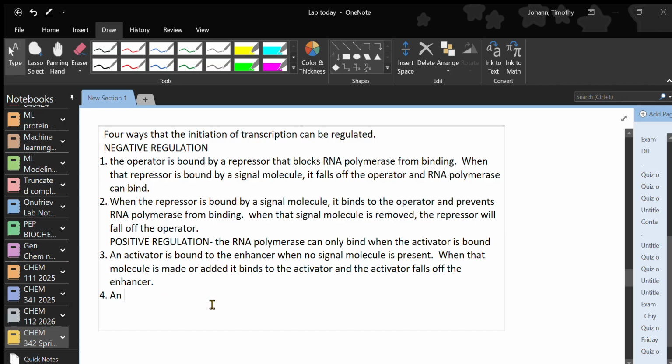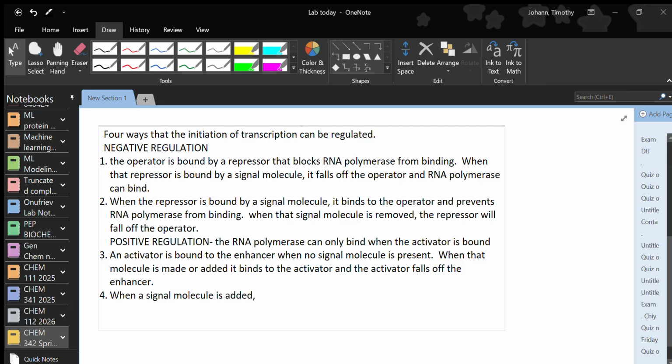Okay, so when a signal molecule is added, the activator changes shape and binds. Not the repressor, the enhancer.